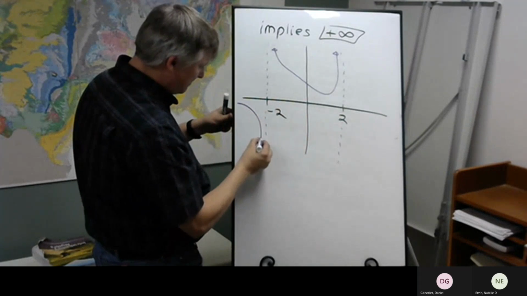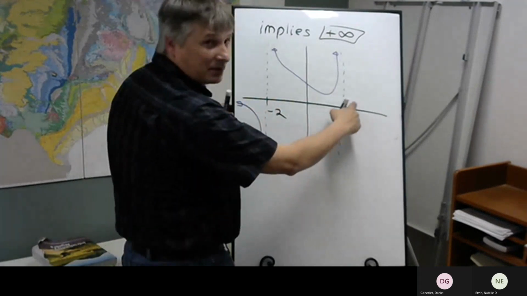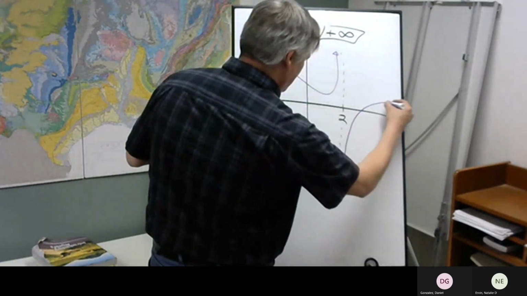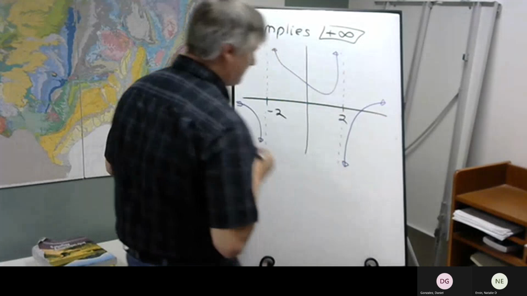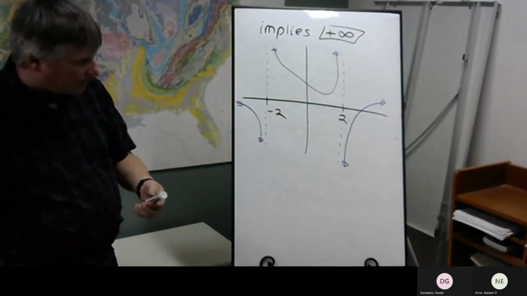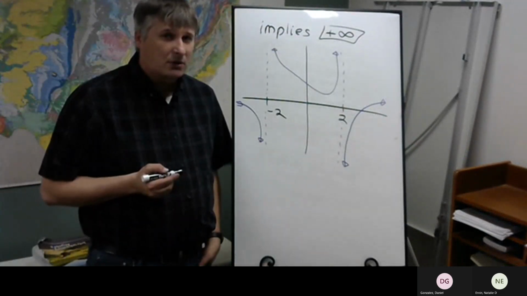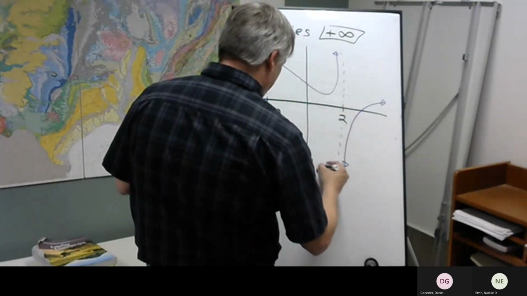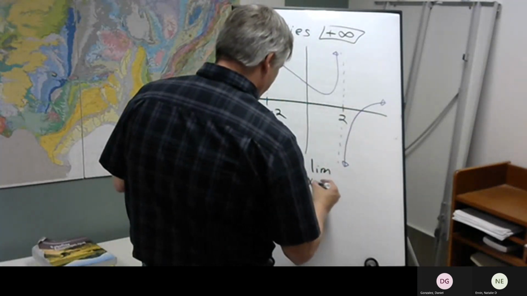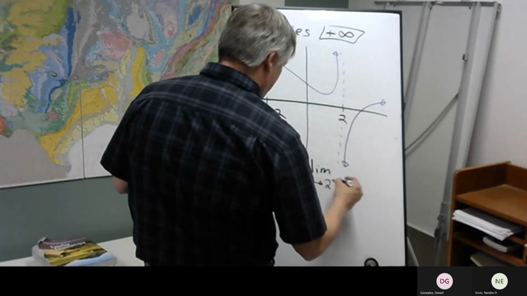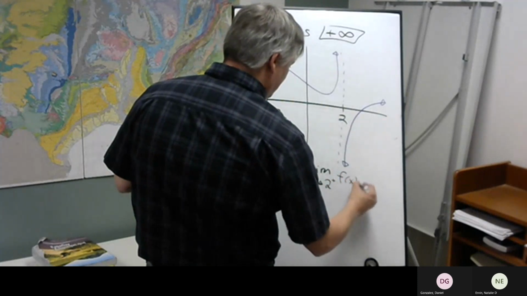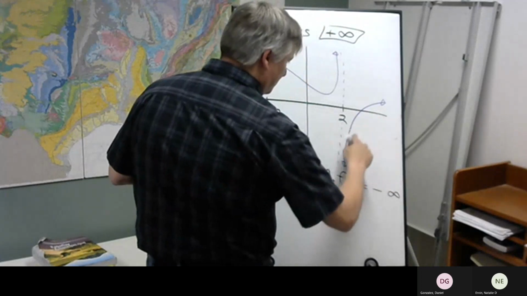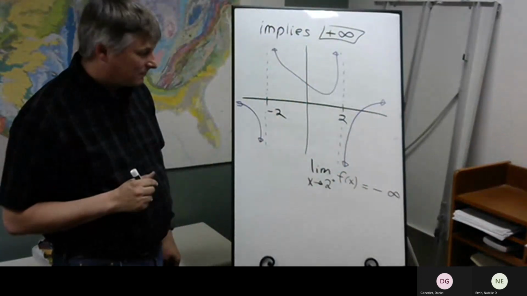And again, we're only looking at what's happening here. If we double check, we're going to see the limit as x approaches 2 from the right of f of x is negative infinity.